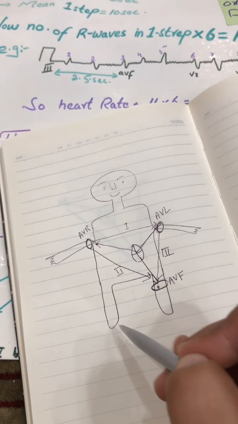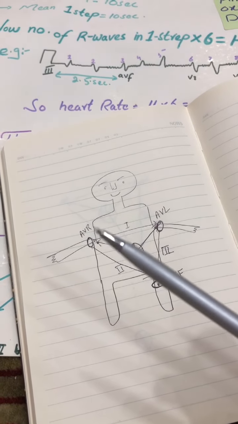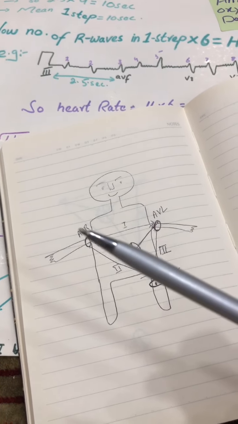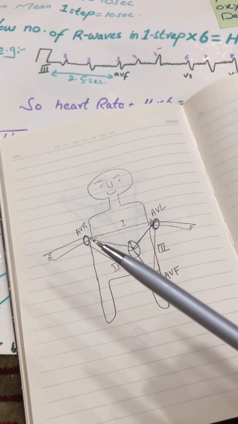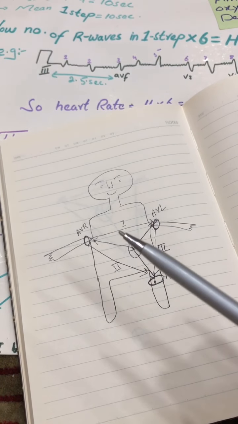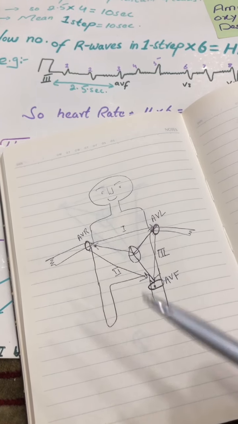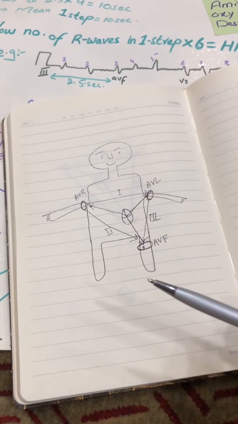So if you see all together, limb leads are 6 in number. 3 of them are augmented voltage limb leads, that is AVR, AVL, AVF, and the vectors that we just drew are 1, 2, and 3. AVR, AVL, AVF, 1, 2, 3. Okay, these are 6 limb leads.